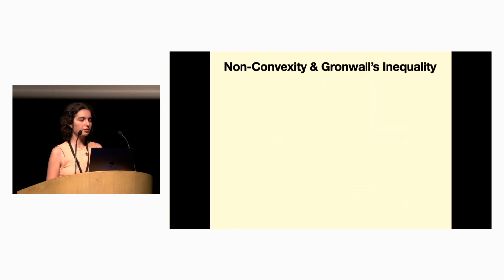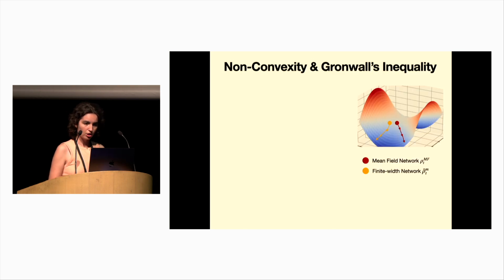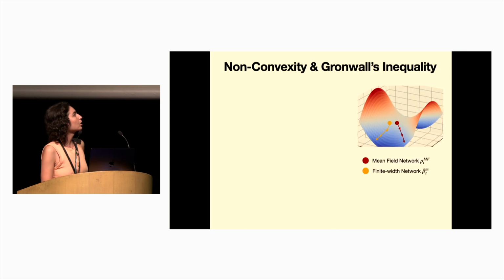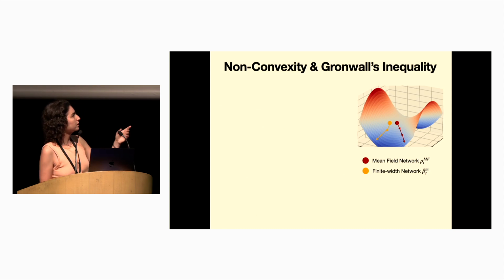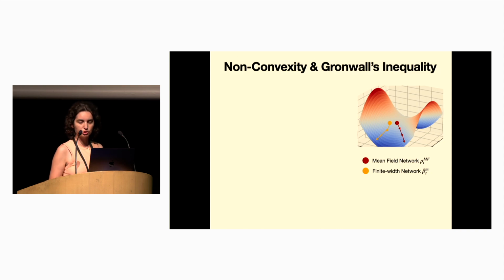So before I get to my result, I just want to say one thing about why this is challenging. So we can think of our mean field neural network and our finite width neural network, which I'm denoting by rho t mean field and rho hat t superscript m, where m is the width of the finite width neural network, as evolving in some landscape because they're evolving via gradient dynamics.